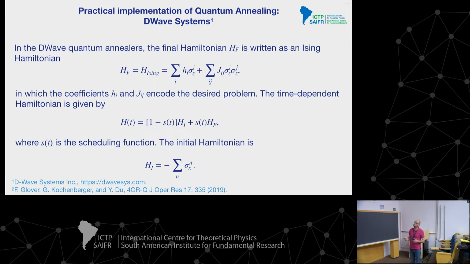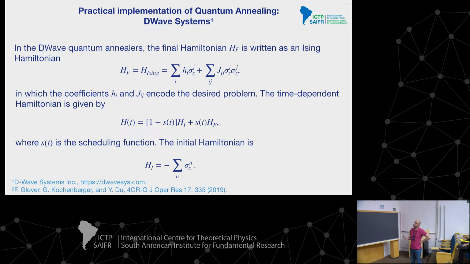In general, D-wave encodes the final Hamiltonian as the Ising Hamiltonian. I don't know if all of you already know this kind of Hamiltonian. It's common for you? No? In this Hamiltonian, h_i and capital J_ij are the coefficients.